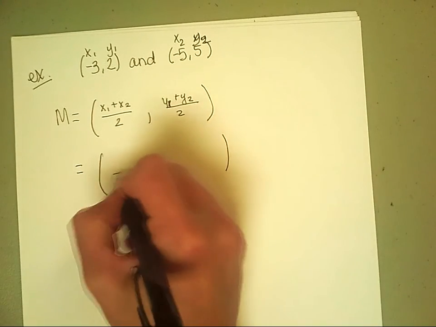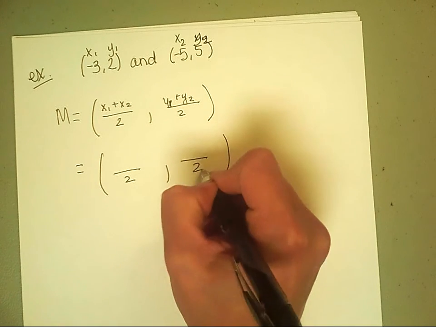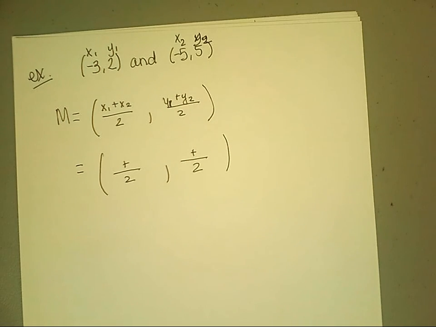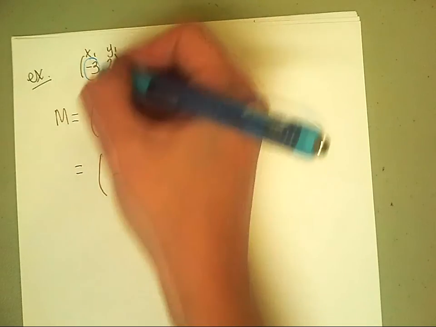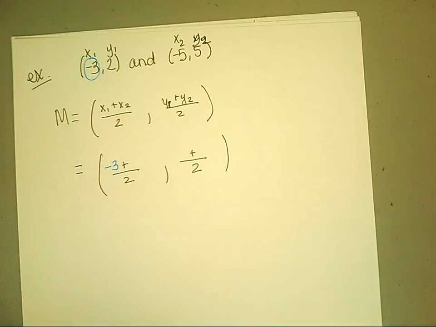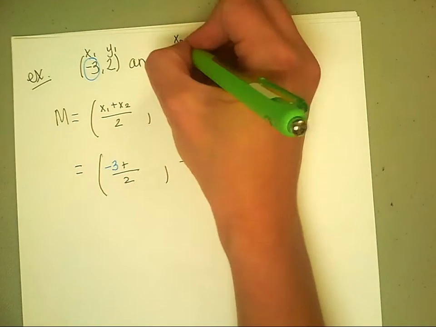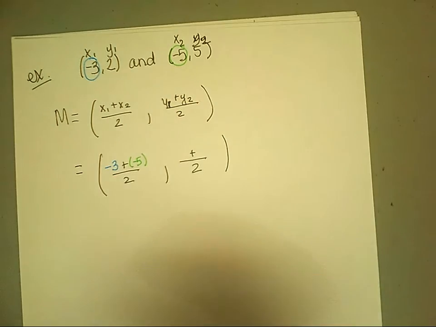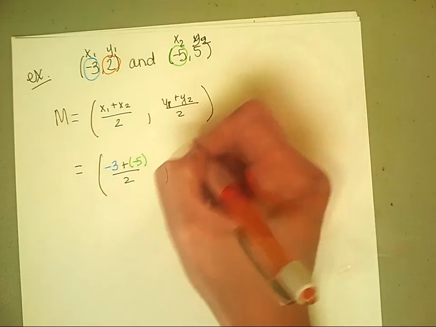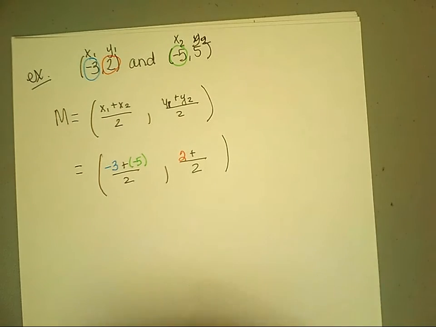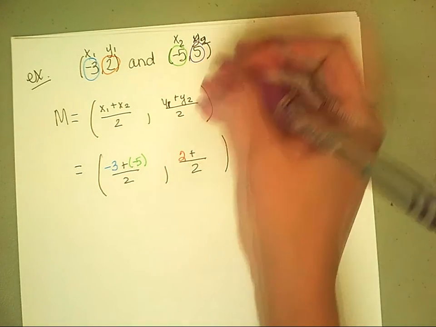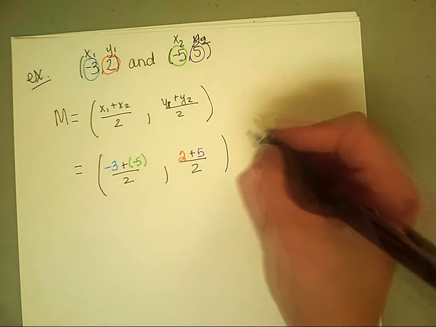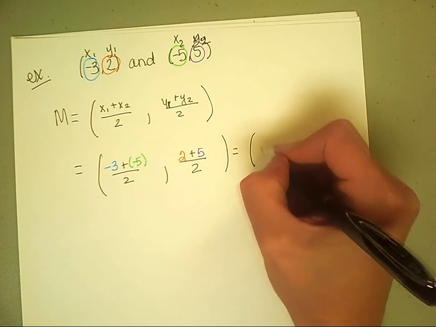So in this case, our ordered pair, dividing by 2, we're going to add because we're averaging. Now, x1 is negative 3, x2 is negative 5, y1 is 2, and y2 is 5. And now we can just simplify it.